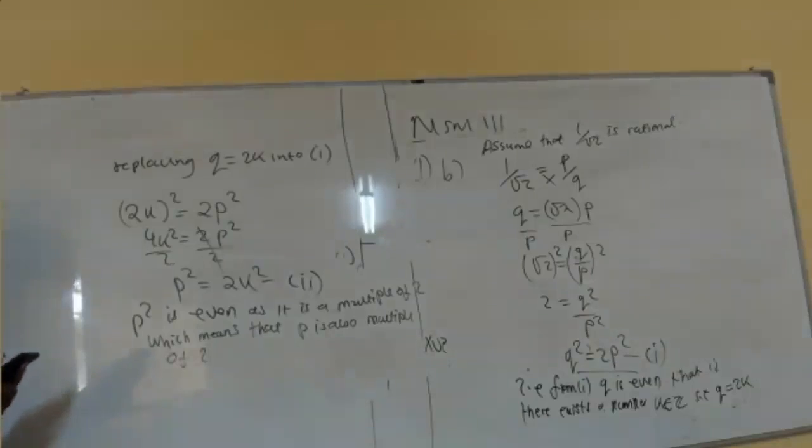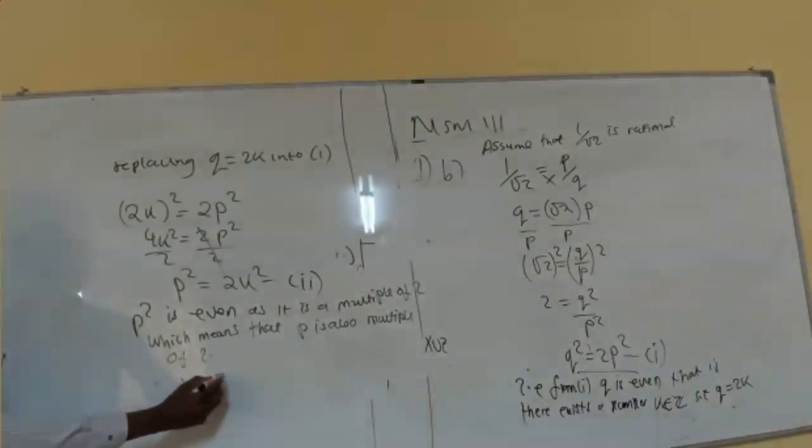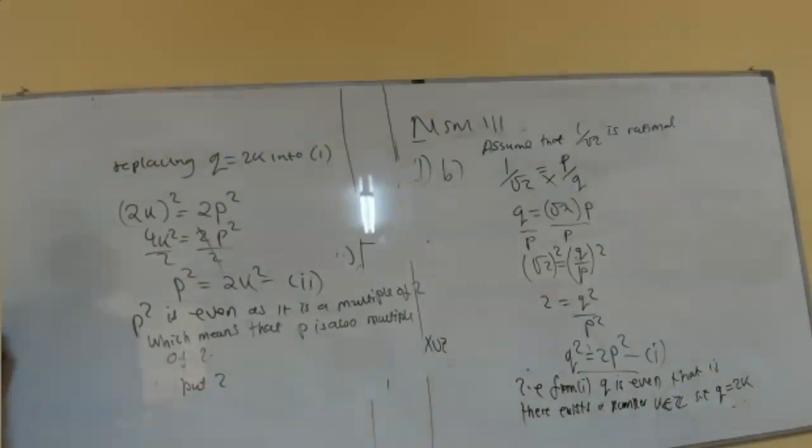Okay, so both p squared and p are multiples of 2. But what does that mean? If that is true, then 2 was a factor of q from equation 1.